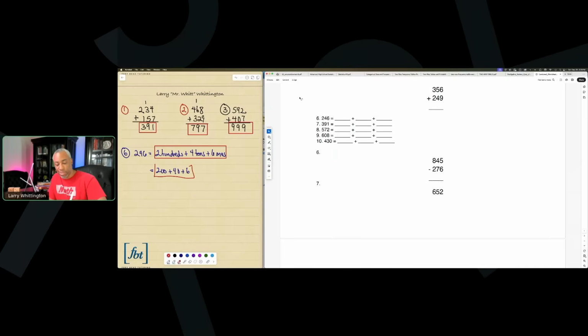All right, so we're going to red box that up, okay? And as a student, you can just ask your teacher which would be the preferred expanded form that you could write your answer in, okay? So next up, we're looking at problem number 7. In problem number 7, we have 391. So in the way I would write expanded form, I would have 300s plus 9 10s plus 1 unit or 1 one, okay?